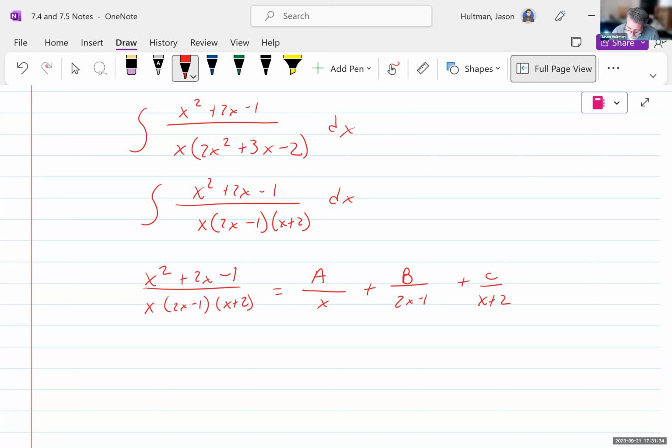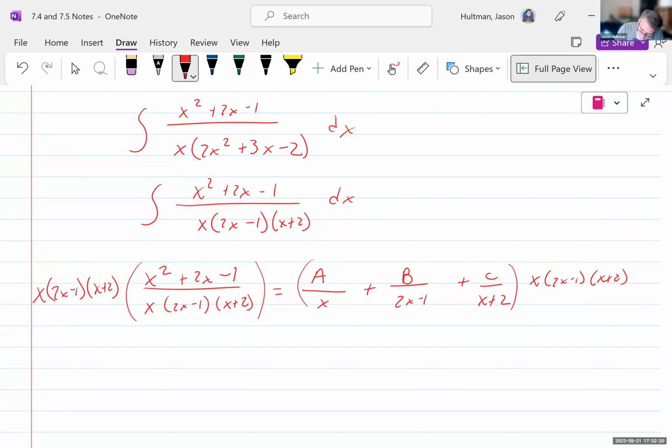Okay. Now I have to figure out, what are a, b, and c? And what I can do to simplify for a, b, and c is multiply everything through by the lowest common denominator, which is x times 2x minus 1 times x plus 2, and we're going to multiply both sides by that common denominator.